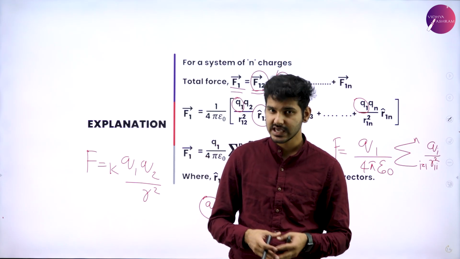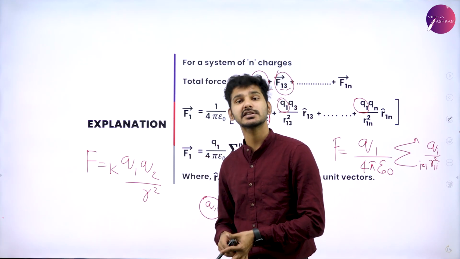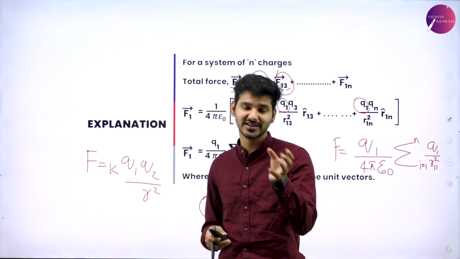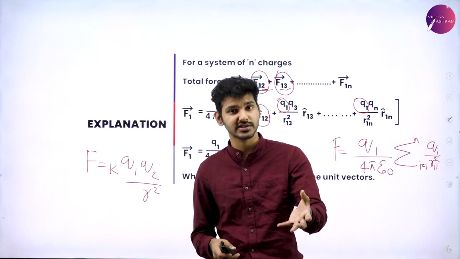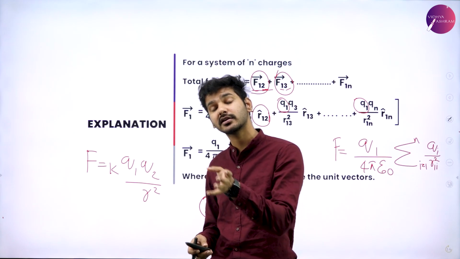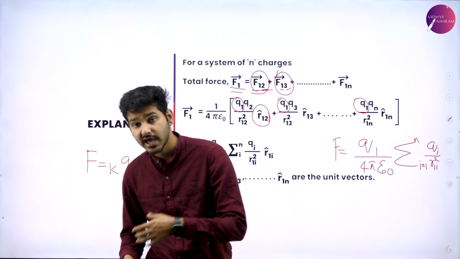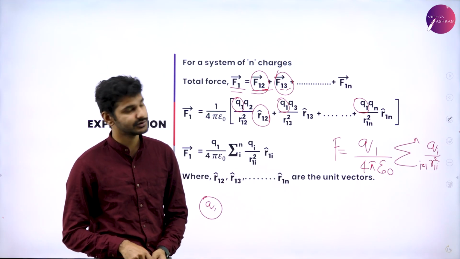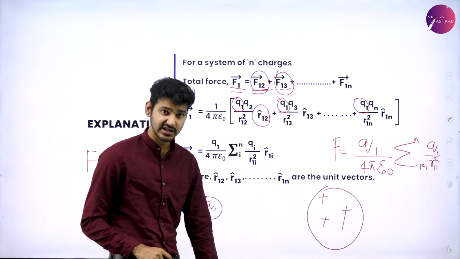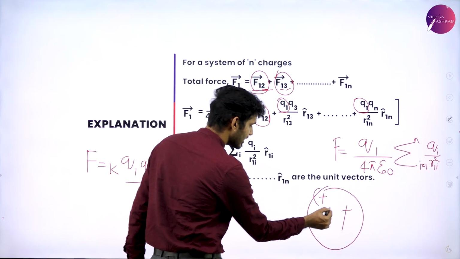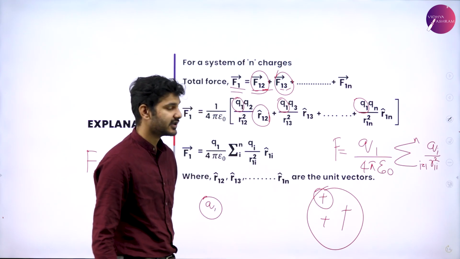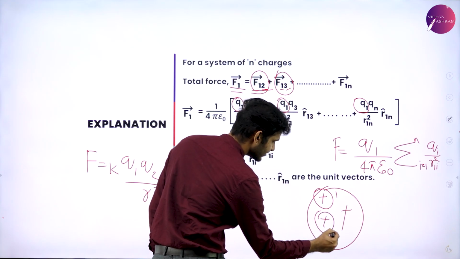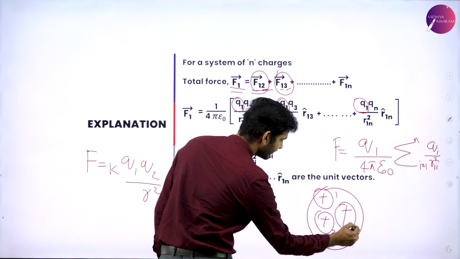Basically, the thing we are saying here is that if there is a system of charges present, then the total force experienced by a test charge or any single one of those charges will be equal to the vector sum of the individual forces. And how can we find the vector sum? You just add up the individual forces together. If a system has 3 charges and you want to find the force experienced by the first charge, then the other 2 charges are named 2 and 3.